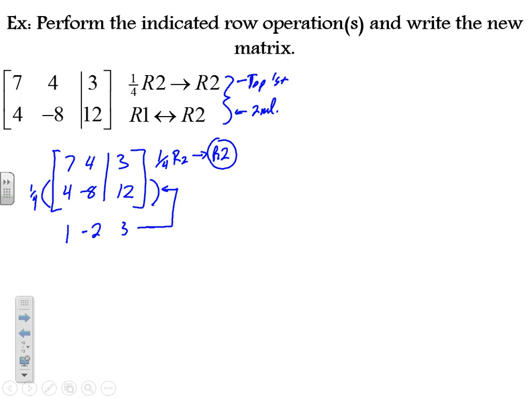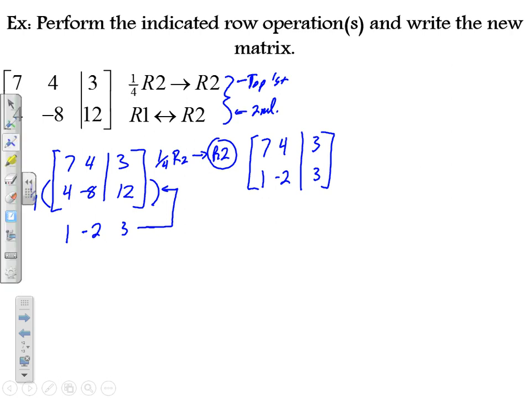So now we have 7, 4, and 3 for the first row, and we replace row 2 with the new stuff: the 1, the -2, and the +3. Here is our new matrix after one row operation.